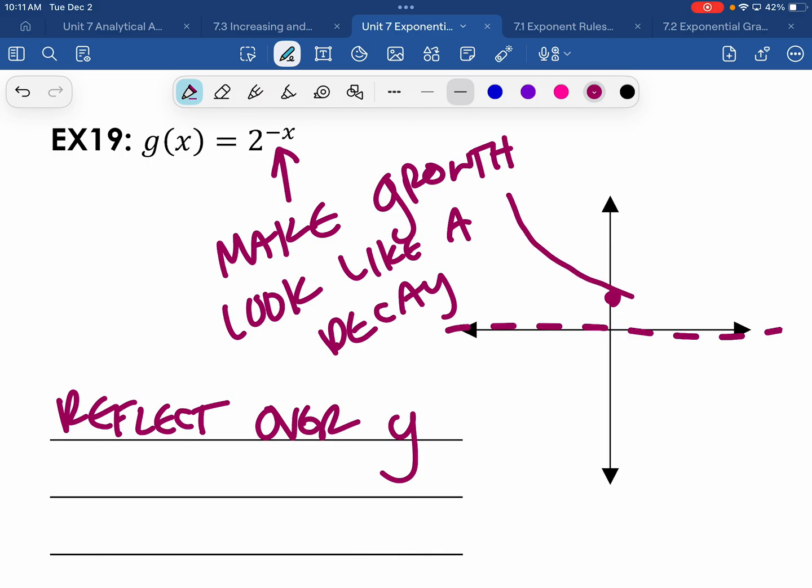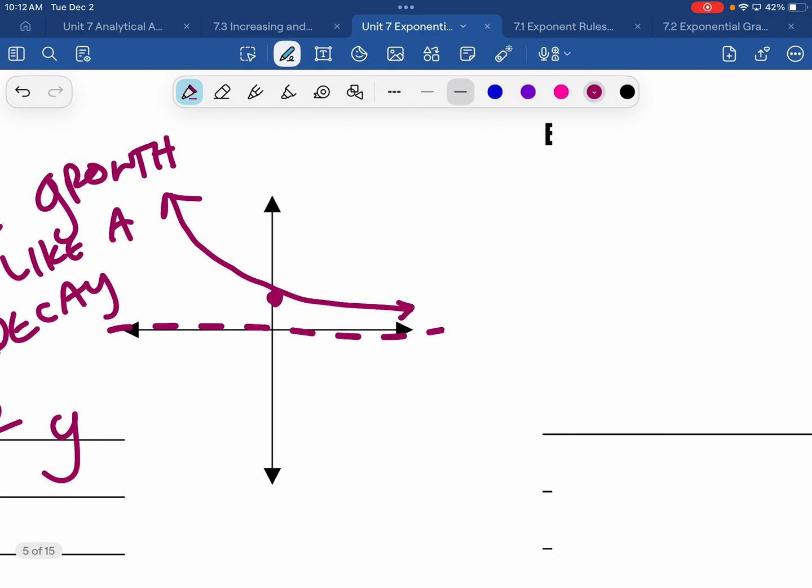And so we're going to start away from the asymptote and go toward it. So if you have a negative inside the exponent, it changes your growth or your decay to be the other one. That's what the negative inside does. If the negative is on the outside, and we're going to do an example like that, all it does is flip it underneath the asymptote, and that's it. The tricky thing is the negative inside changes your growth to a decay or your decay to a growth.